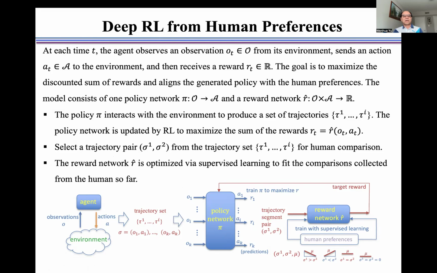The reward network r-hat is optimized via supervised learning to fit the comparisons collected from the human so far. This is the workflow of the deep reinforcement learning from human preferences.